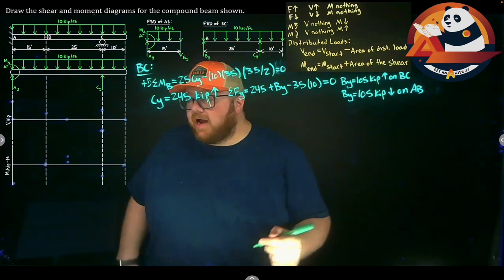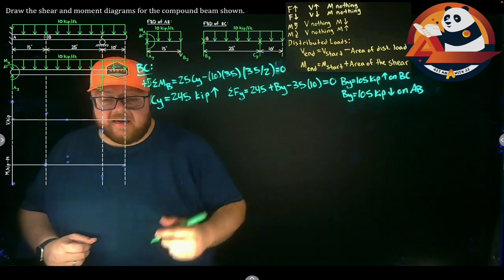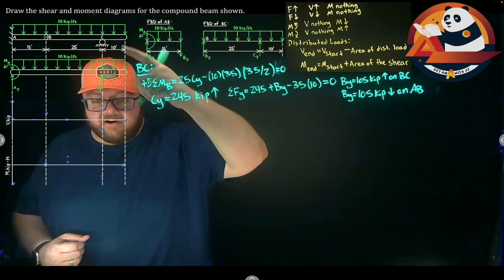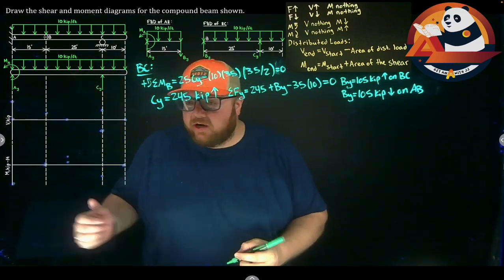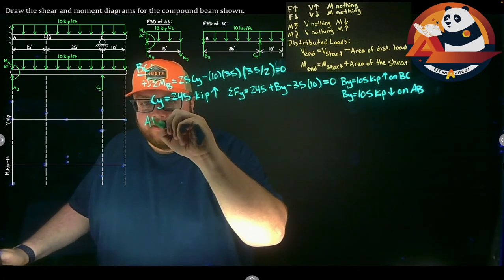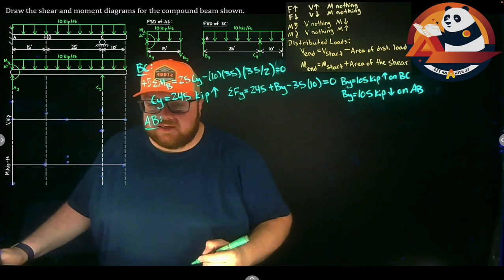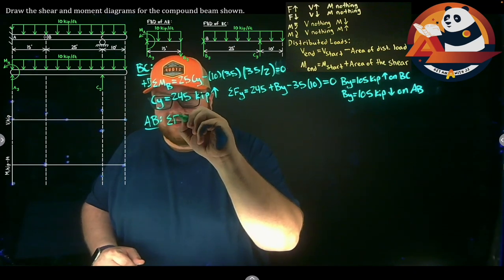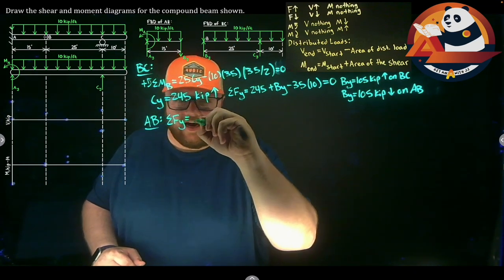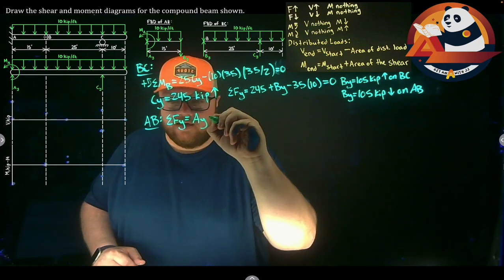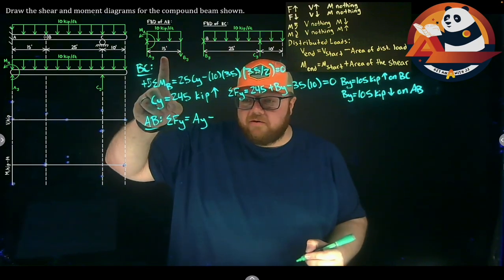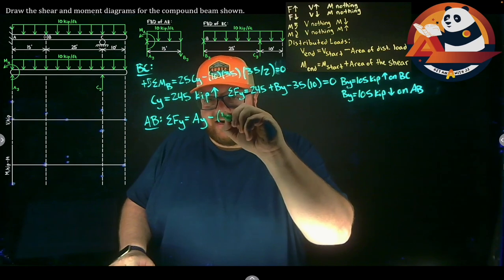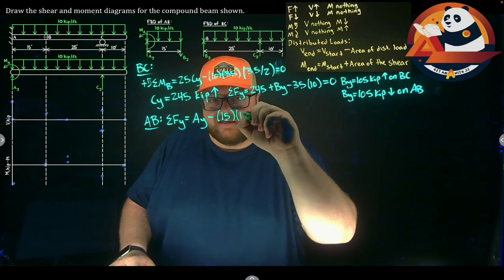If I know BY, I can then move to AB, and I can work with this free body diagram and find everything out then. So working with AB, I can sum forces in the Y and get AY. Summing my forces in the Y direction, I have AY. I'll need to subtract out my distributed load, 15 times 10, it's area, base times height.